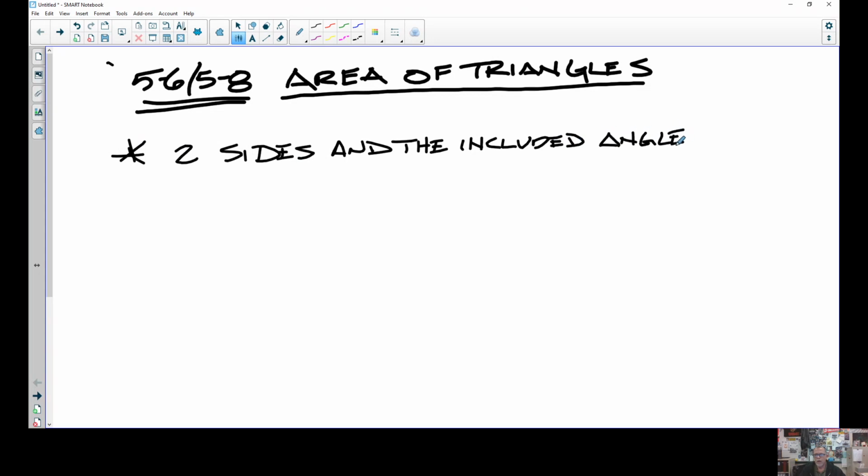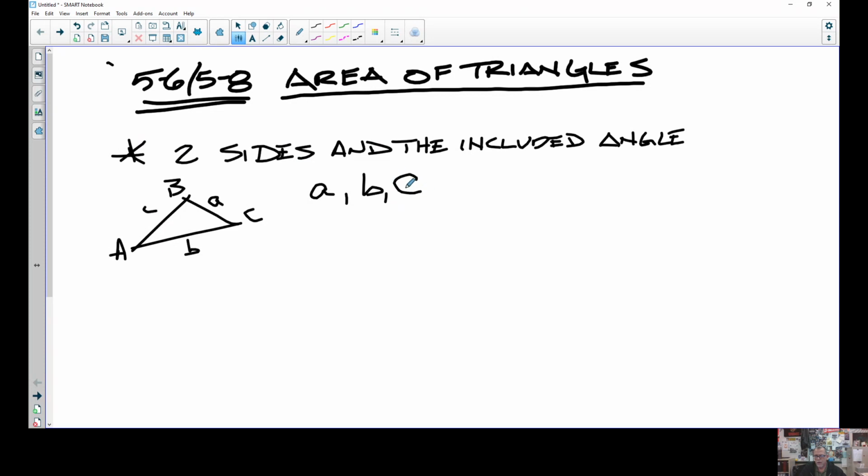When we have two sides and an included angle, for example, if we look at a triangle, and just as a reference, if we have something like this, and so if we have two sides and the included angle, that could be A, B, and then it would have to be something that doesn't match, so it's C, right?